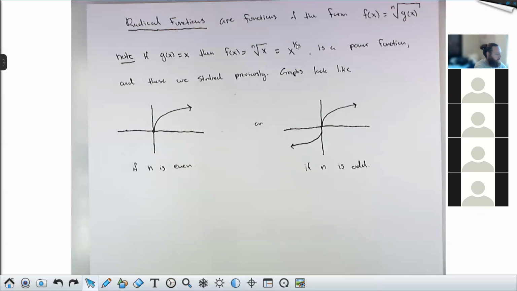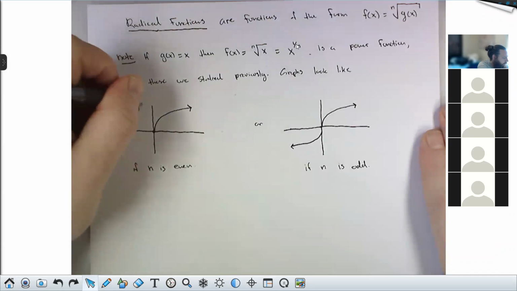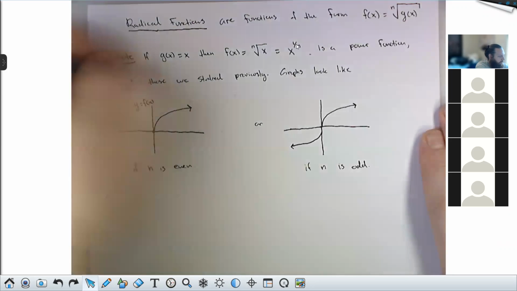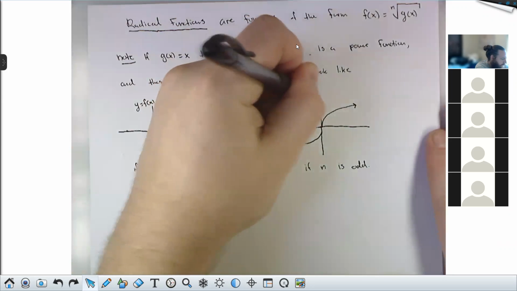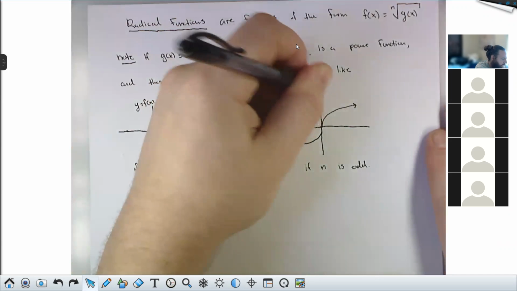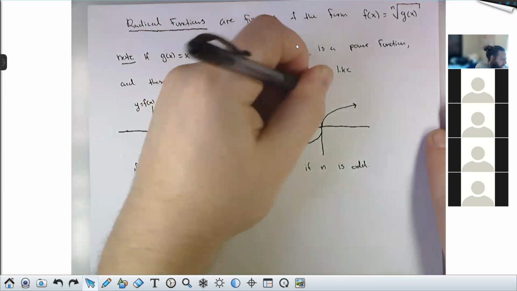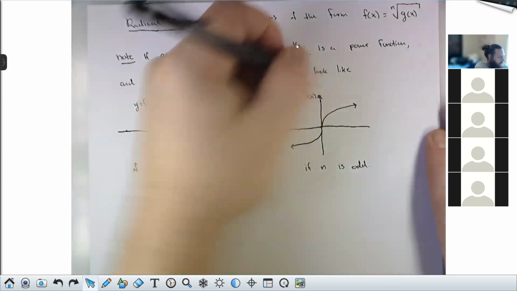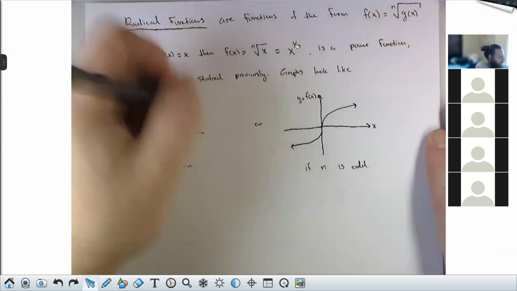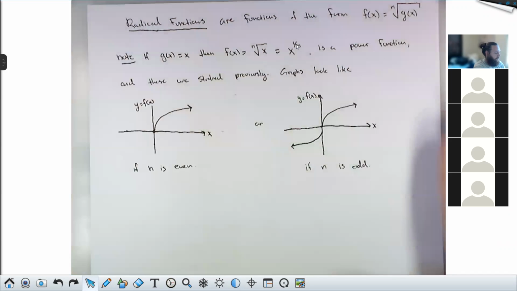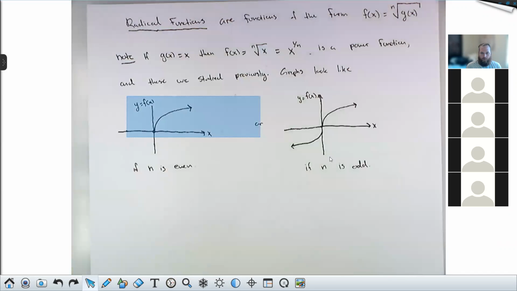And we're not going to push you guys terribly hard in this direction. Most of the radical functions that we're interested in, either g of x will just be x, that is the thing underneath the radical will just be x, or it'll be some linear function, which means the graph shape will still be one of these guys, but the domain will be different.